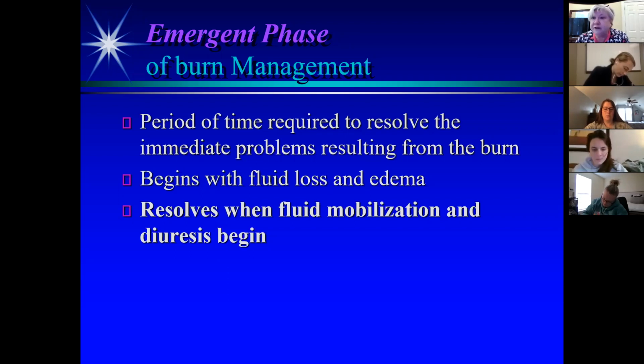Well, it's different for different people. All right, so typically we're looking at probably 3 to 4 days. It can go up to 7 days in some people, but it is typically 3 to 4 days how long it takes for diuresis to start.